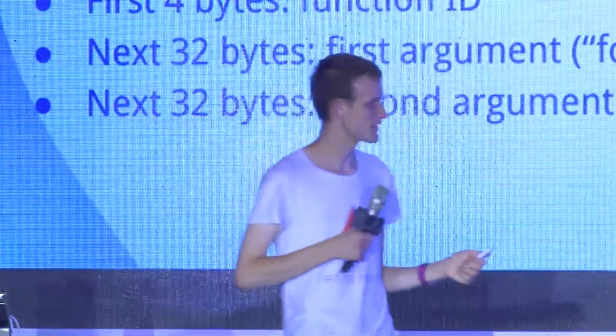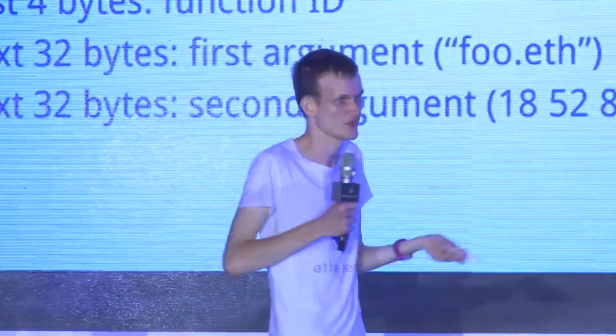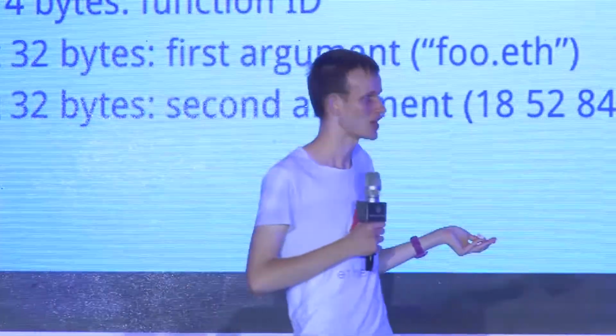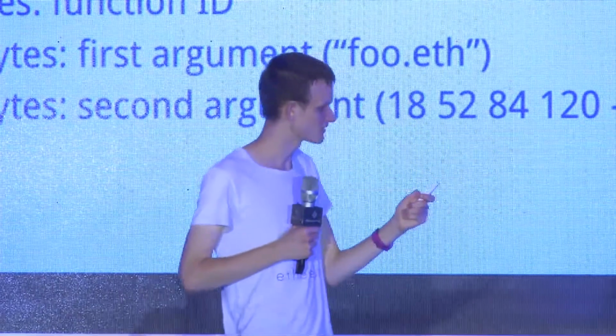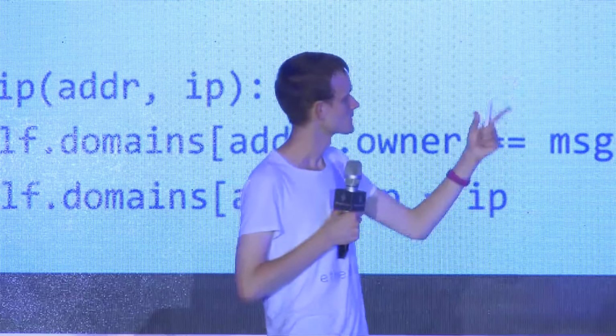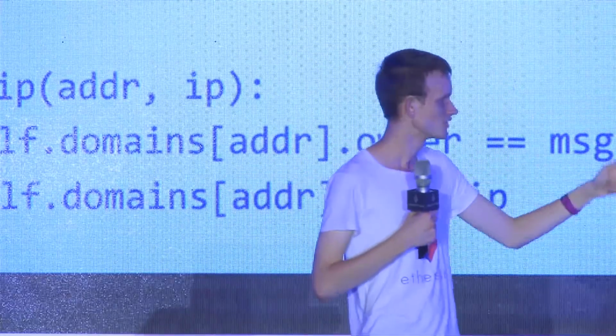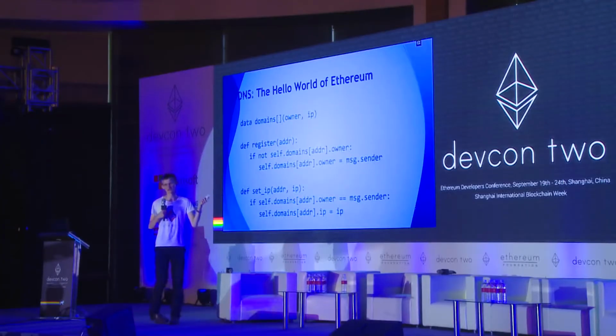ABI. So this is basically that if I actually want to call some contracts and if I want to register a domain name, then how am I going to do that? Well, over in the Serpent example, you might notice that I might want to do something like call the setIP function with some particular address and with some particular IP address.